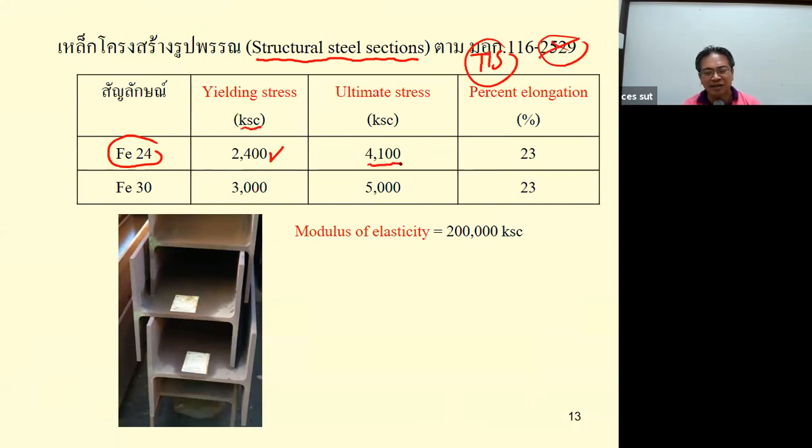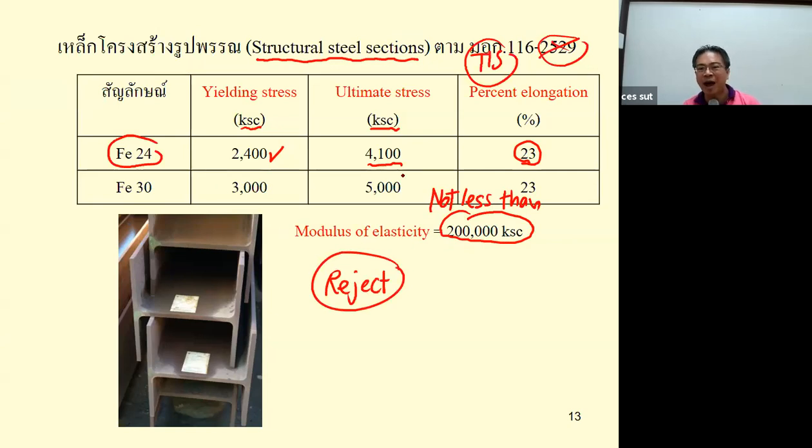The ultimate stress is not less than 4,100, the percent elongation is not less than 23%, and the modulus of elasticity is not less than the specified value. If it is less than this, you have to reject it. Okay, it is going to be unacceptable. If even one of these values is lower than the standard, you have to reject it. The manufacturer must send material that passes the yielding, the ultimate, the percent elongation, and the modulus of elasticity at the same time.